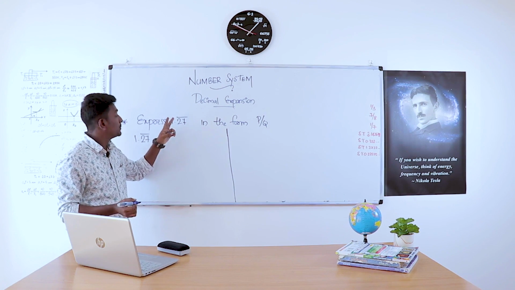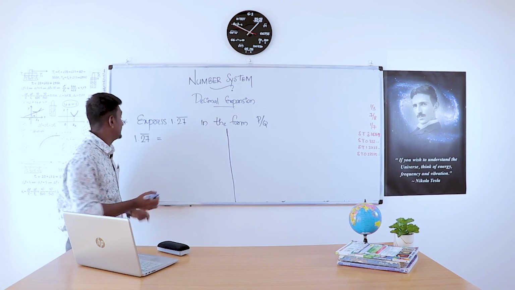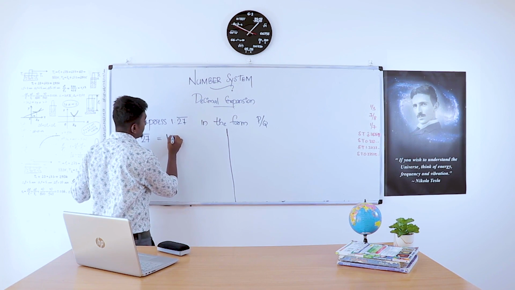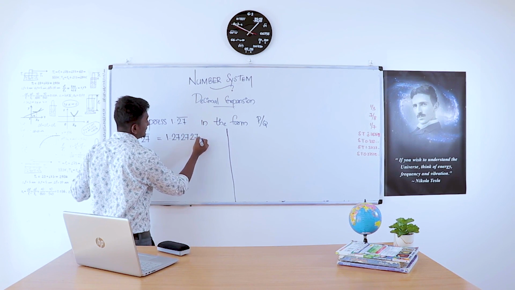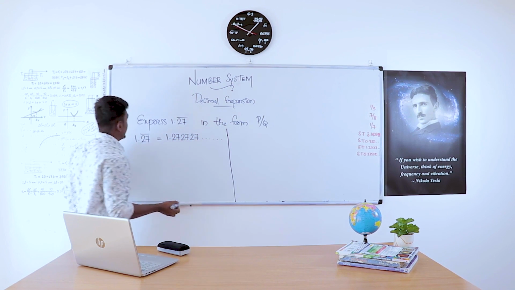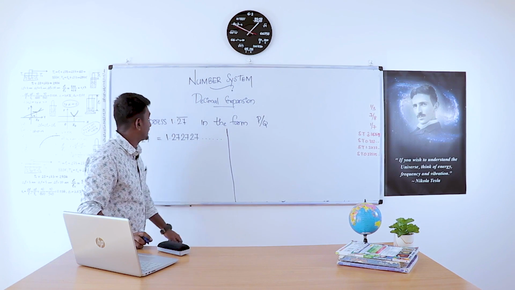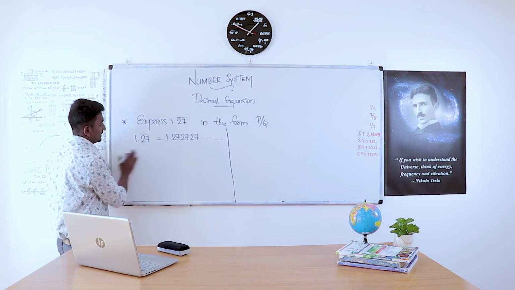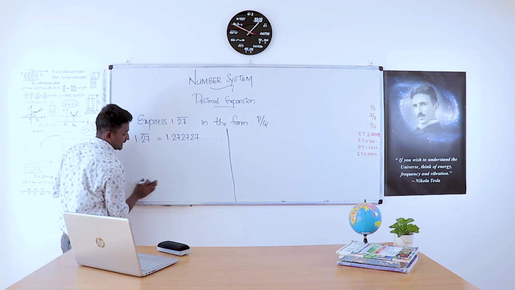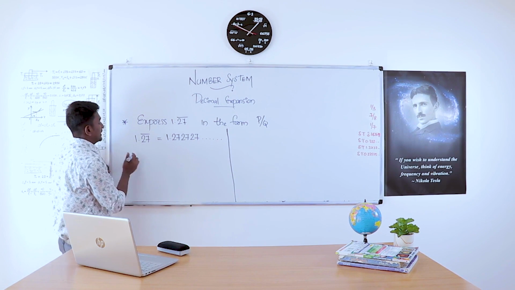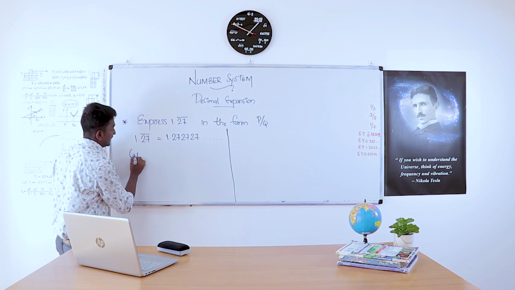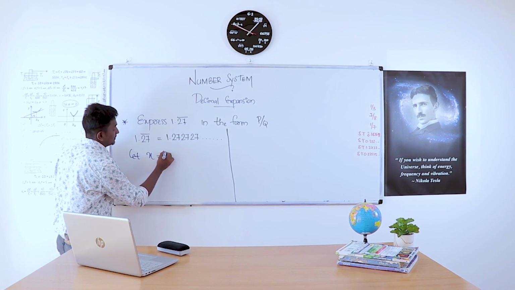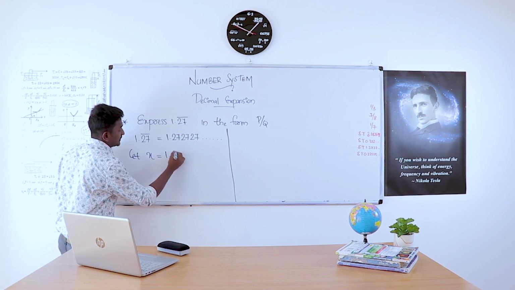That means both the numbers 2 and 7 are repeating again and again. That means 1.27 bar is equal to 1.272727, etc. Now we have to find the P by Q form of 1.27 bar. Let x be equal to 1.27 bar.